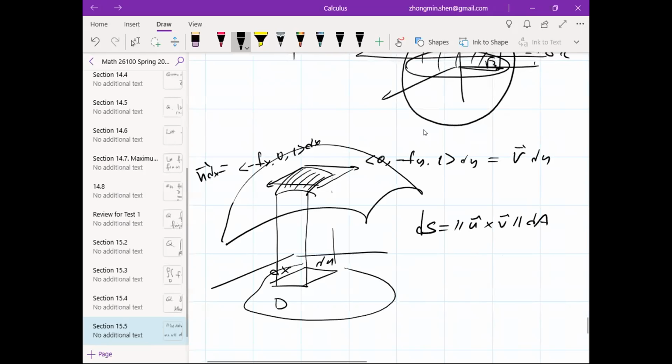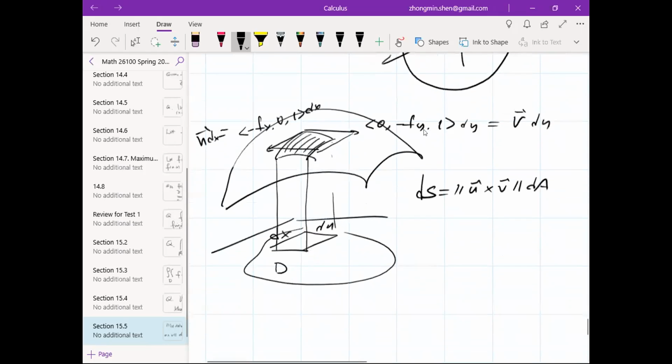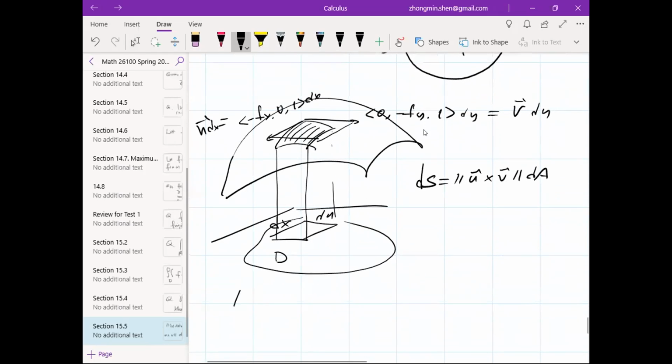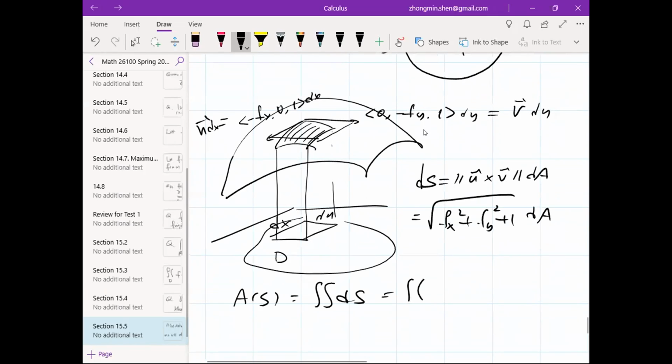When dx and dy are so tiny, you add them together, that's why you get the surface area. We already did the calculation; you can do the cross product. That's why you get a double integral.